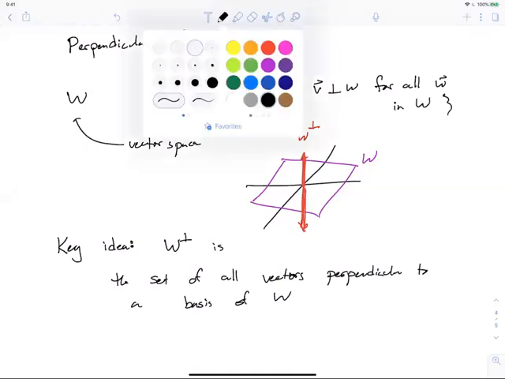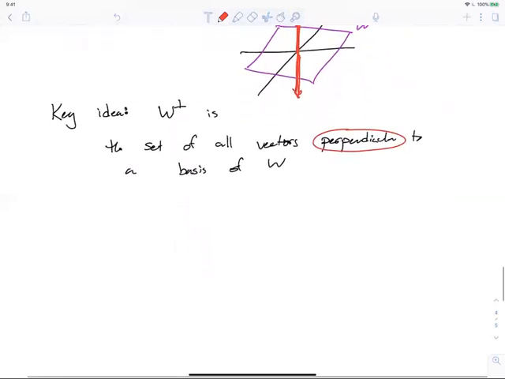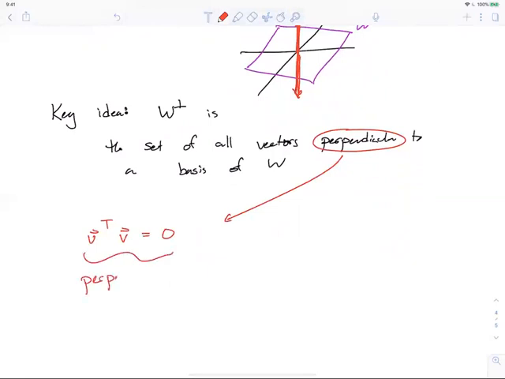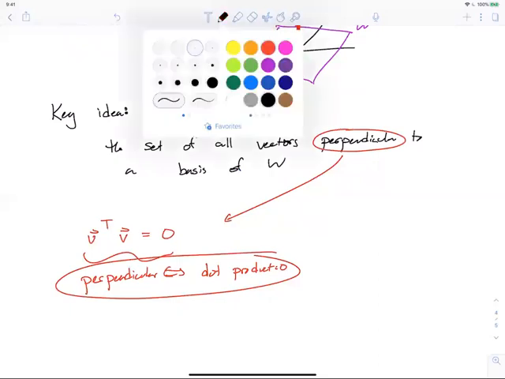We haven't said what perpendicular means. At least it's clear geometrically, but u and v are perpendicular if their dot product is 0. So perpendicular means the dot product is 0. So it turns out W perp turns out to be a kernel of some matrix, which we all know how to find. So let's just do a quick example.